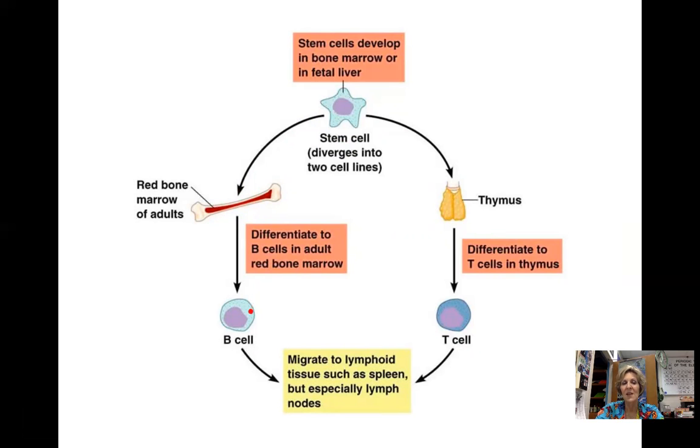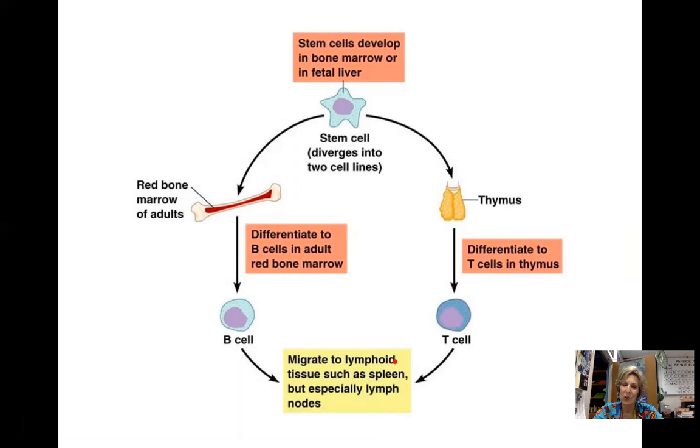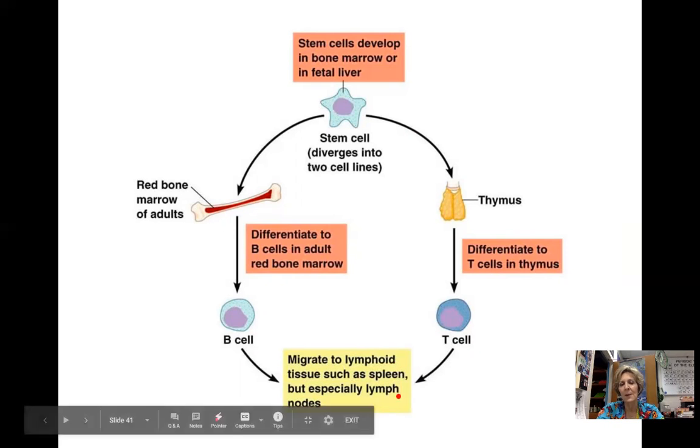And those B cells are part of our humoral response to the adaptive immune system. Other parts of the stem cells go to the thymus, where they differentiate into T cells. And then these T cells and B cells go to lymphatic tissue, like lymph nodes especially, but also sometimes to the spleen. And that's where they kind of hang out to be ready.